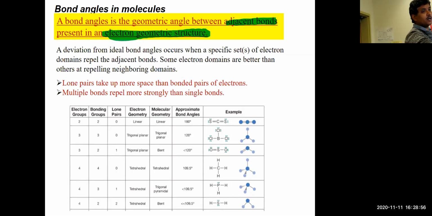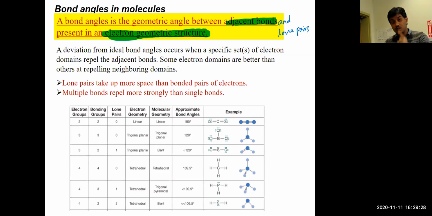Let me add another phrase here to take the confusion away: adjacent bonds and lone pairs. A bond angle is the angle that separates the adjacent bonds and lone pairs around a central atom in the electron geometric structure.